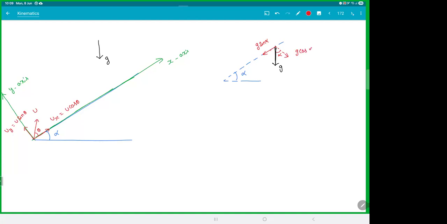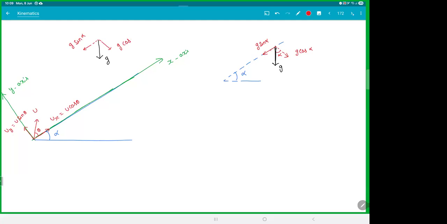This is how you can divide the gravity there. That means we can split the gravity in this direction, which is ax, minus g sin alpha because it is opposite to the x-axis. Ay, I'll just put it plus for now. So we can say this is g cos alpha.